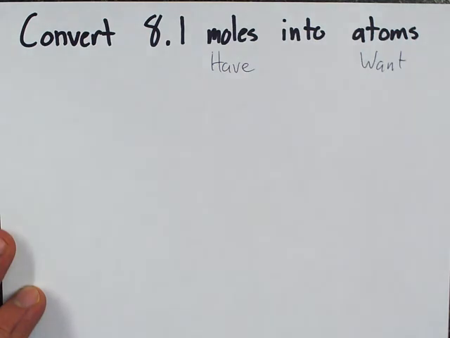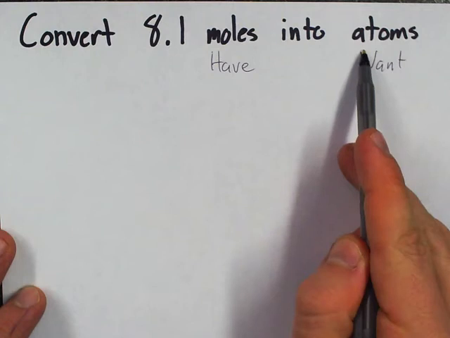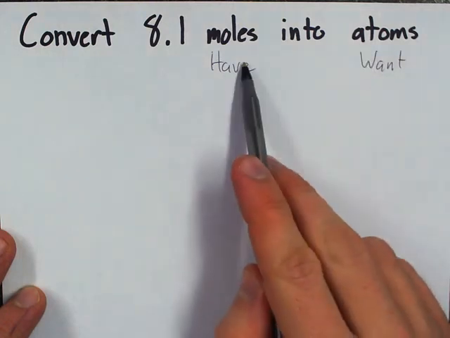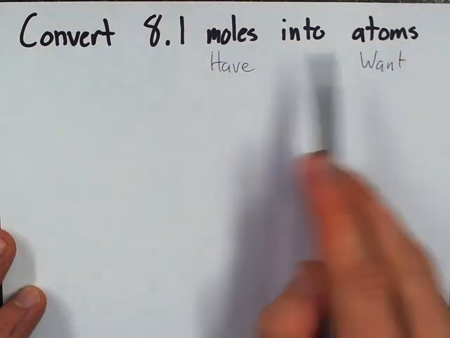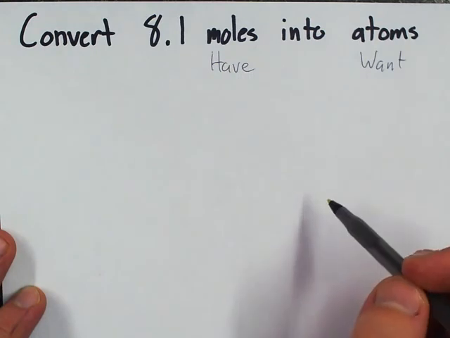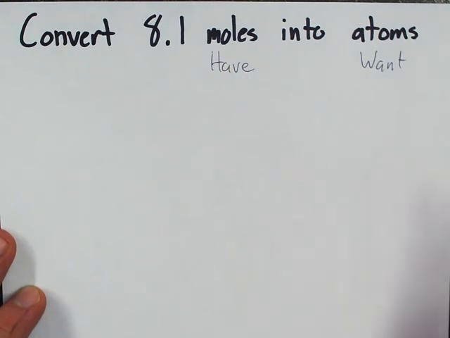Our next step, we need to write the equality that relates these two units. There's an equality between two units that shows how they can be converted. For moles and atoms, this is one we've learned.